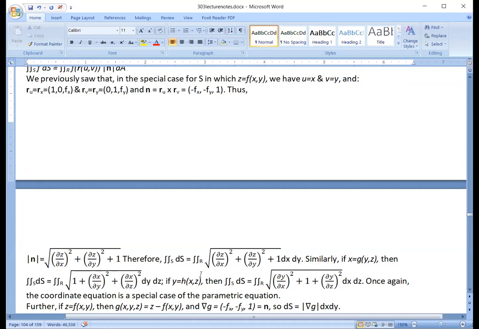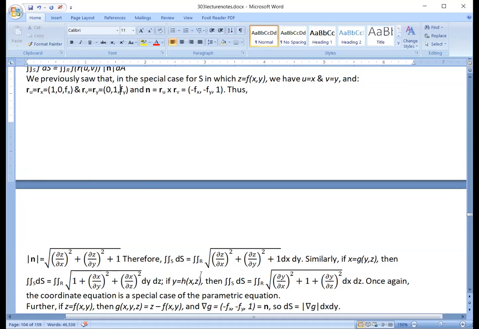And now we can take the gradient of g, and that actually gives us, if you just calculate it directly, negative df/dx, negative df/dy, 1, and that is your normal vector. And so then another way to write this would be that dS equals the magnitude of the gradient of g dx dy.